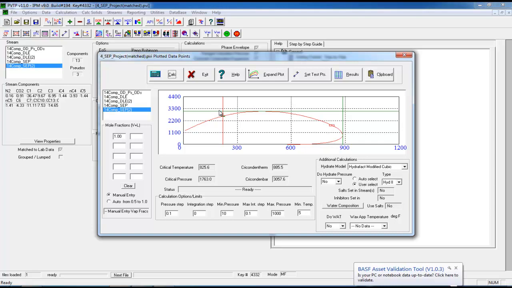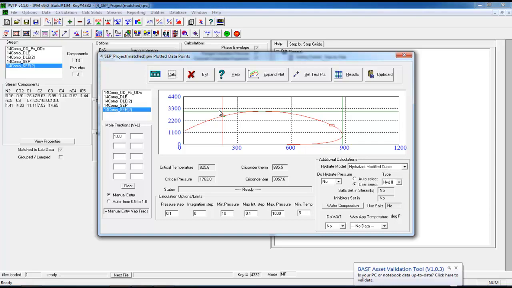So in your project, you will start like this. You will have step 1, match. You remember that we have steps in our tuning process. So here we match saturation pressure, and here CCE, here DLE, and here separator.